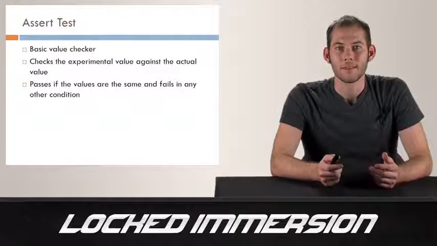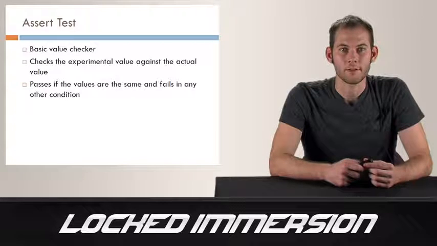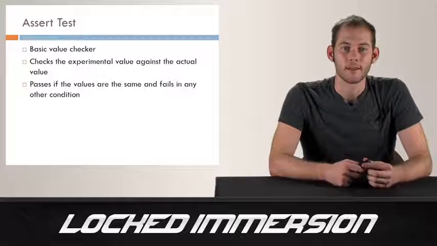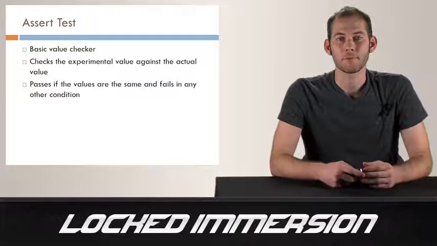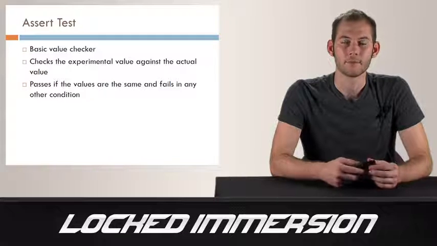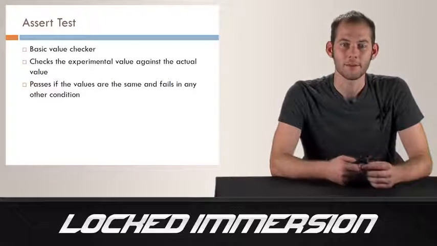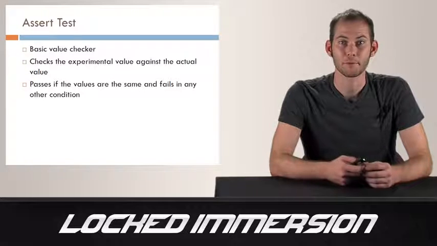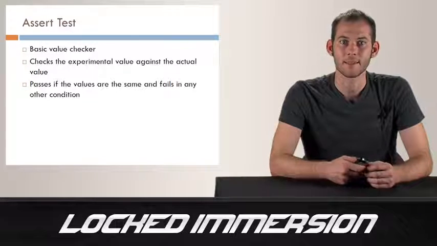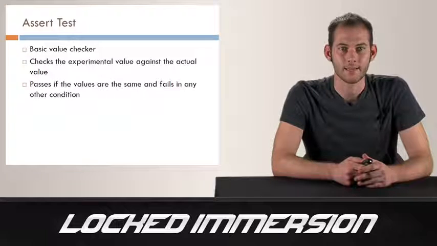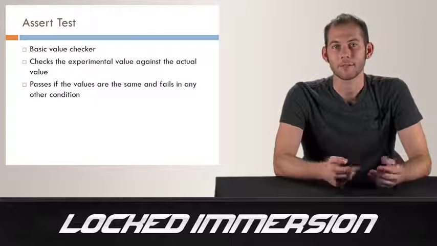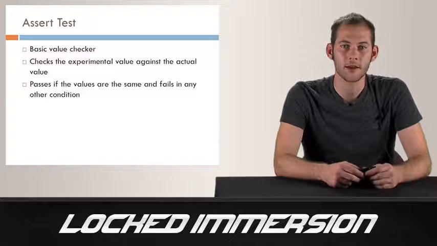All right. The first part of the JUnit framework we're going to be covering is assertion tests. I'm just going to go over a couple basic examples and then some more in-depth information, but we'll give you a couple basic examples you can try yourself. Nice and easy, a few minutes. Like I said, we're starting with the assertion test. It's a basic value checker. It doesn't have really any big complex uses.